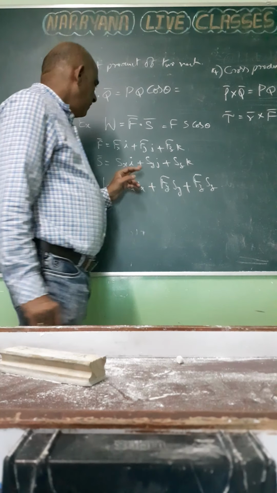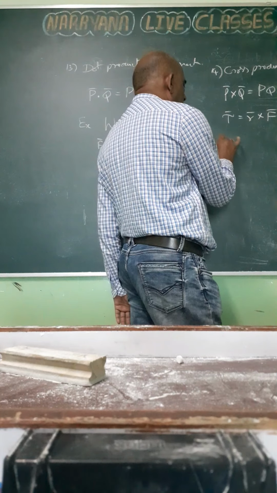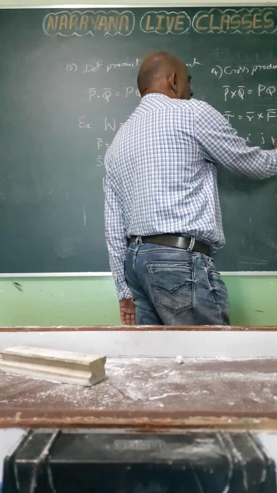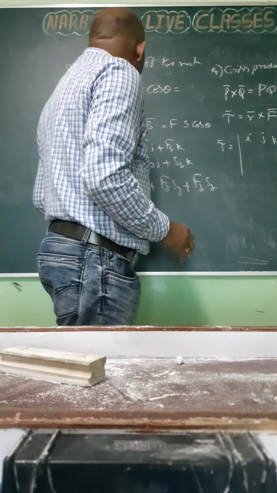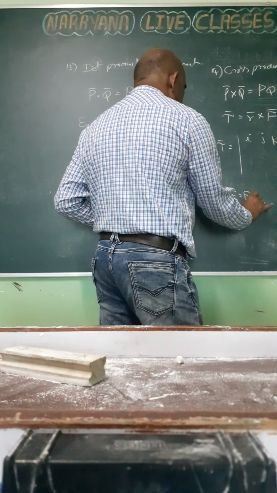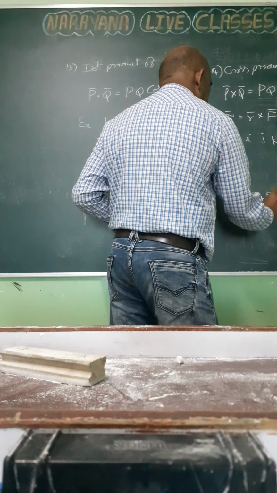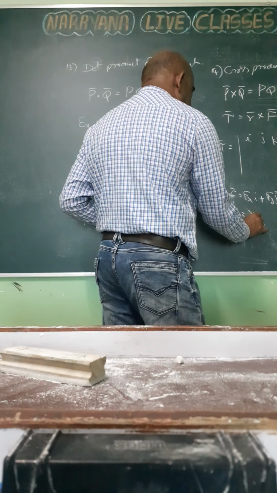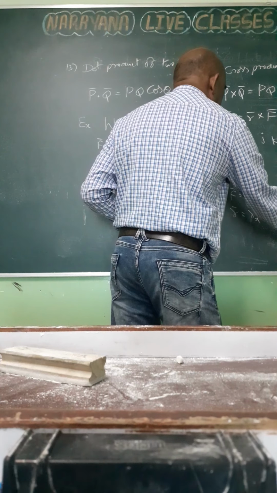If they are given in terms of ijk, how to make a cross product? Torque tau bar is equal to the determinant of a 3 by 3 matrix with i, j, k, first R bar cross F bar. So here the vectors are given: F bar is equal to Fx i plus Fy j plus Fz k, and R bar is equal to Rx i plus Ry j plus Rz k.